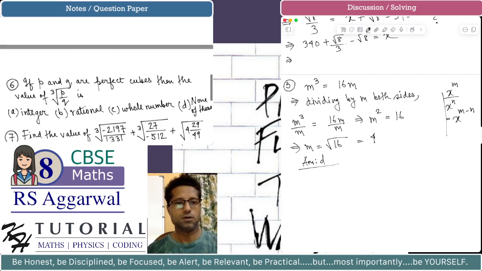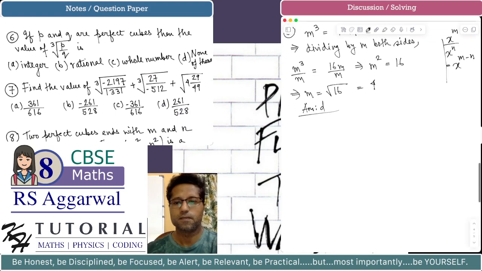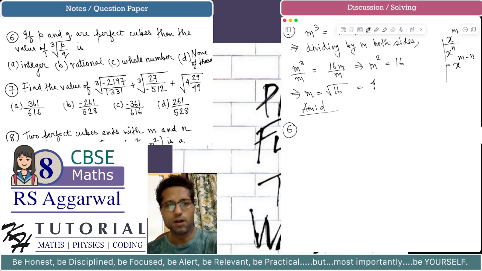Okay, so let's do problem number 6. If p and q are perfect cubes, then the value of cube root of p by q is integer, rational, whole number, none of these.